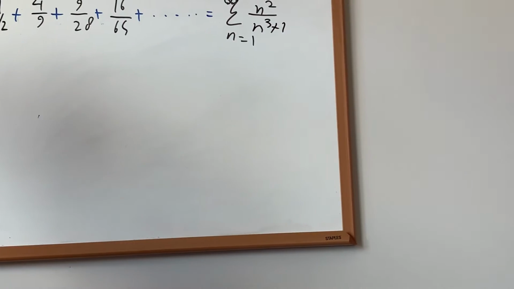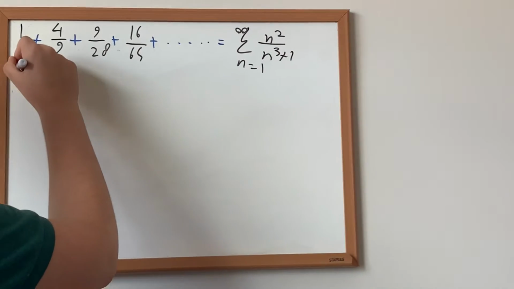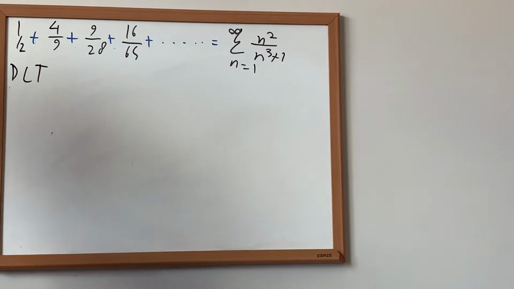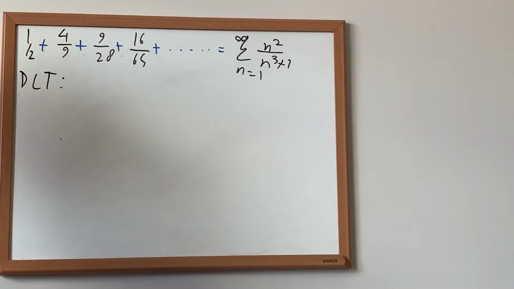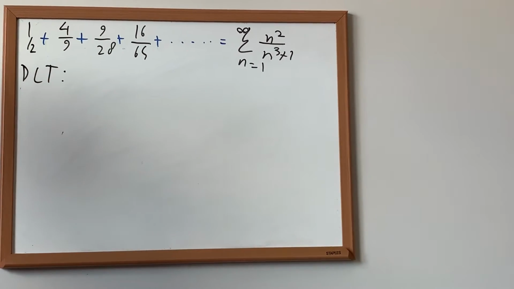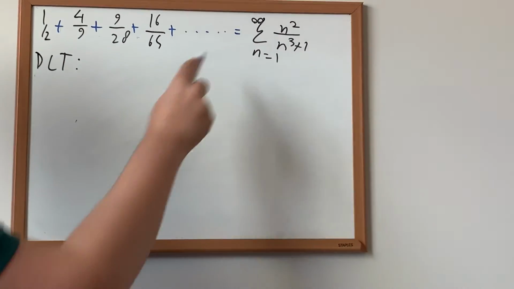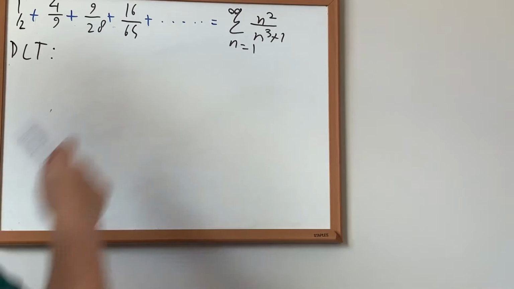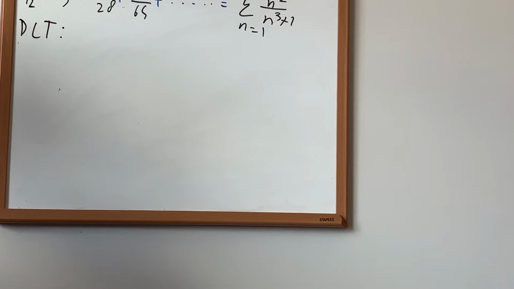So now I want to show you how to use the direct comparison test. First, I want to find a series that we know converges or diverges. If you divide n squared by n cubed, we get 1 over n.